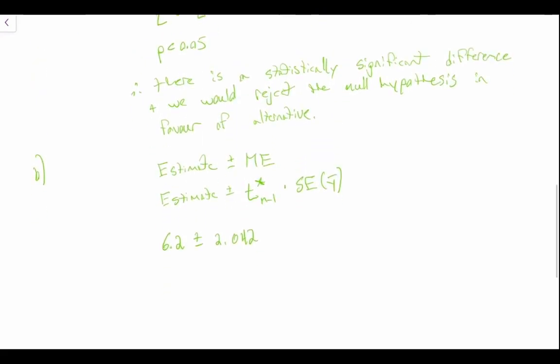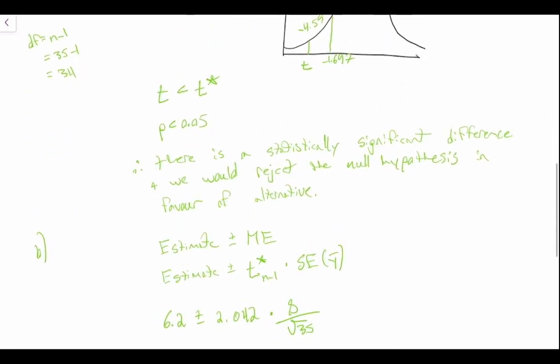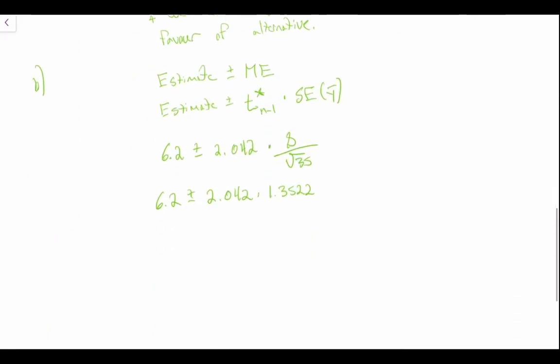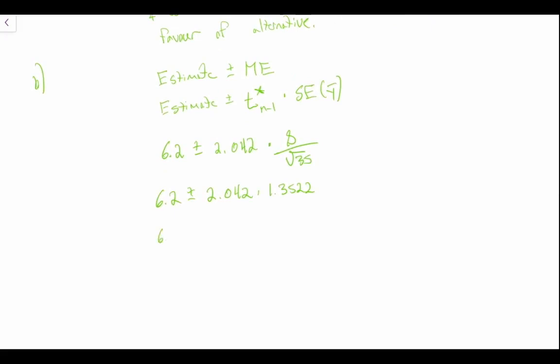Times our standard error, and just as a reminder, our standard error is equal to our standard deviation divided by the square root of our sample size. So we get 6.2 plus or minus 2.042 times our standard error, which was 1.3522. So we get 6.2 plus or minus 2.042 times 1.3522, plus or minus 2.7612.